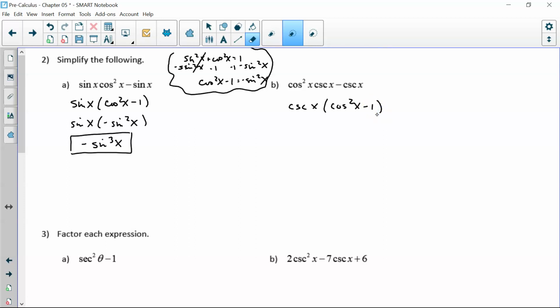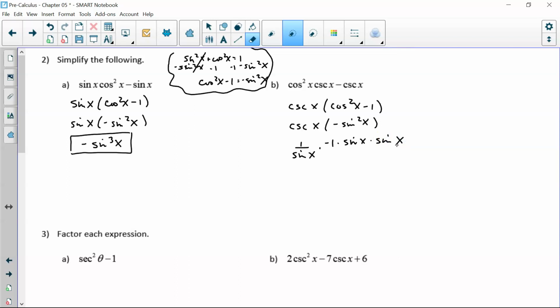Now, I already saw in the previous problem, cosine squared x minus 1 is negative sine squared x. So I have the cosecant of x times the negative sine squared of x. I think we can keep going because cosecant is the same as 1 over the sine of x, times negative 1 times sine squared, that's the sine of x times the sine of x.